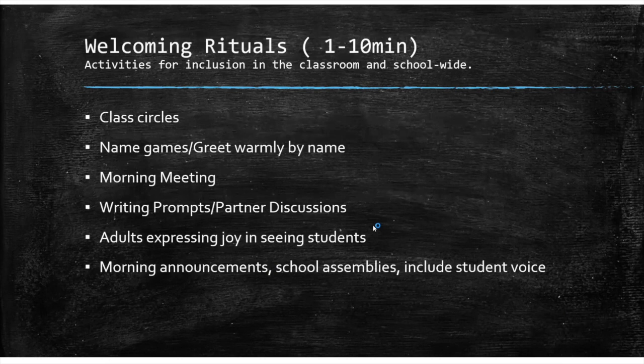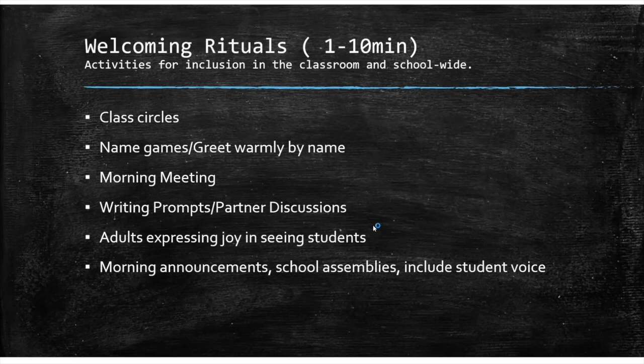So the welcoming ritual is an opening to establish safety and predictability, support contribution by all voices, set norms for respectful listening. This also allows students to connect with one another and create a sense of belonging.